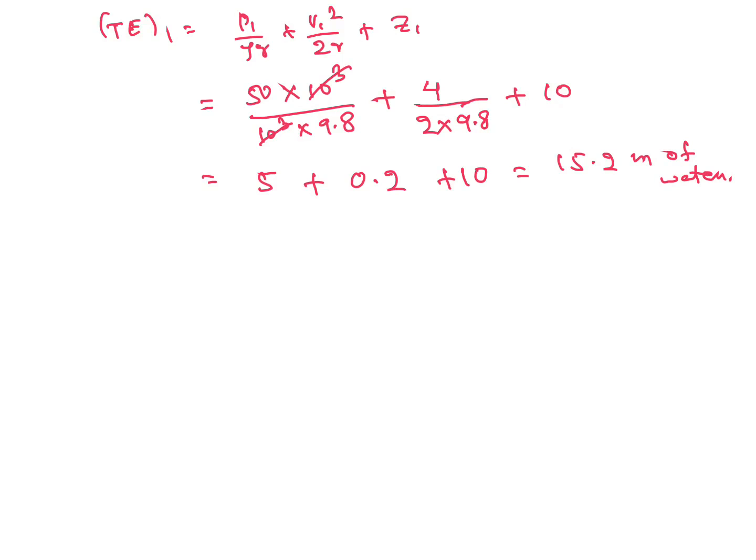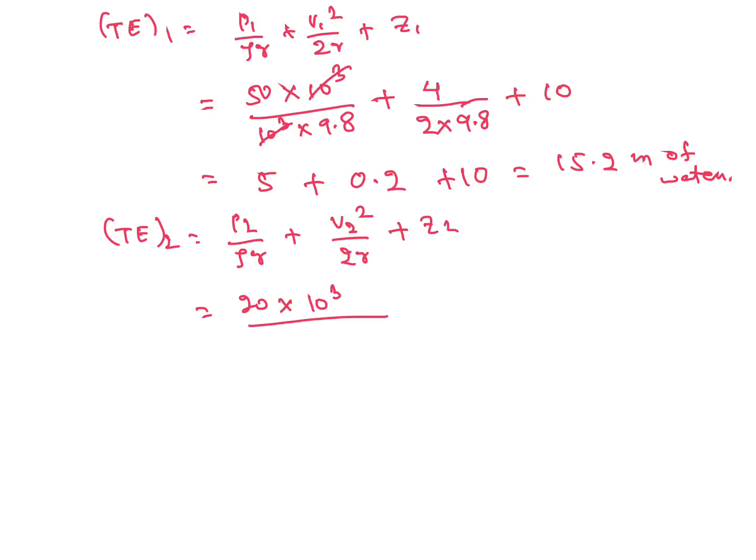Total energy at 2 is P2 by rho g plus V2 square by 2g plus Z2. Put the values. P2 is 20 into 10 to the power 3 divided by 10 to the power 3 into 9.8, plus V is same, 4 by 2 into 9.8, plus 12.